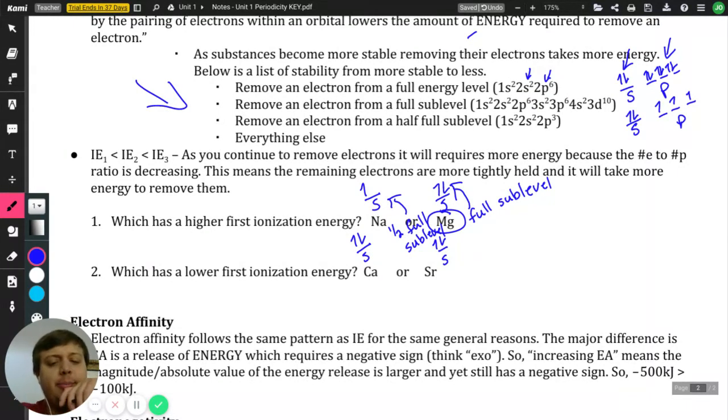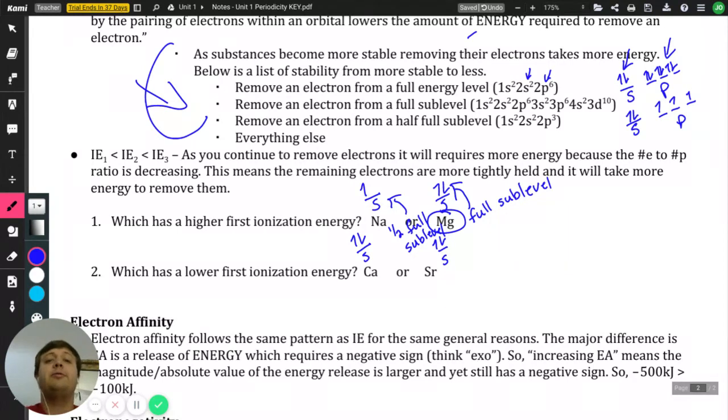So then how do I compare them? Well, now let's think about what else we know. Since they've got the same number of electrons, we can't use our stability to help us here. Since it's got the same amount of electrons in those sublevels, the next thing we have to look at is the distance from the nucleus.